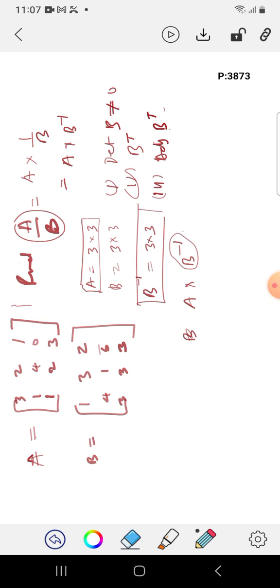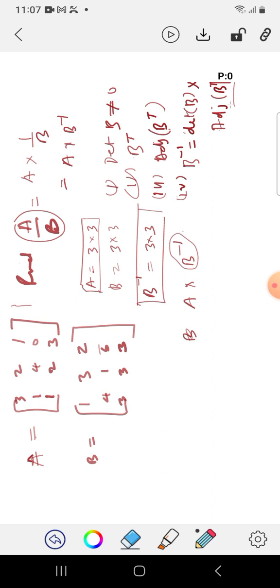When you have found this, find the B inverse, which is going to be 1 over the determinant of B, which we found earlier, times the adjugate of B transpose.